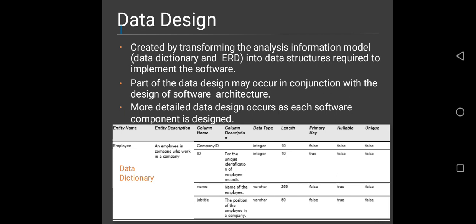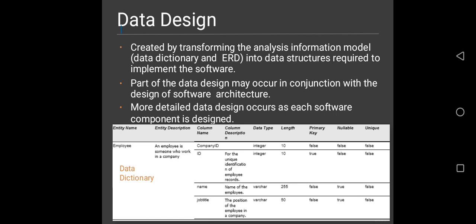Data design is created by transforming the analysis information model into the data structures required to implement the software. In a software we can see four activities: getting input, validating input, processing the data, and finally outputting the information.